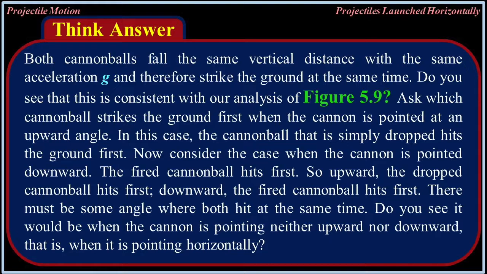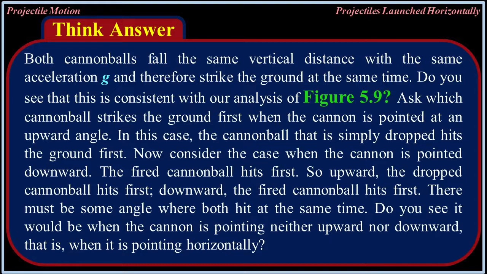Ask which cannonball strikes the ground first when the cannon is pointed at an upward angle. In this case, the cannonball that is simply dropped hits the ground first. Now consider the case when the cannon is pointed downward. The fired cannonball hits first. So upward, the dropped cannonball hits first.